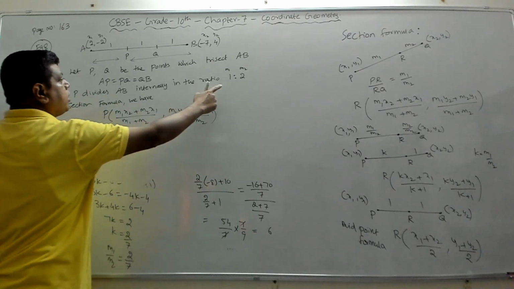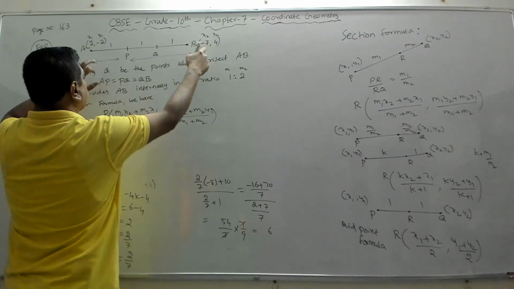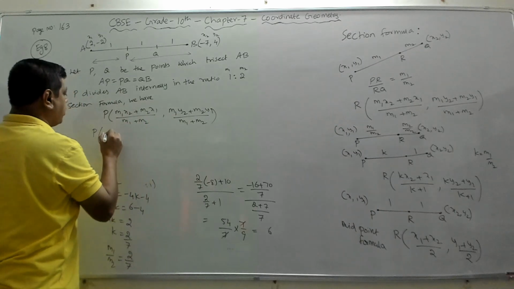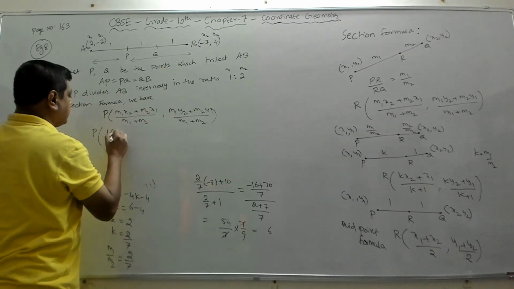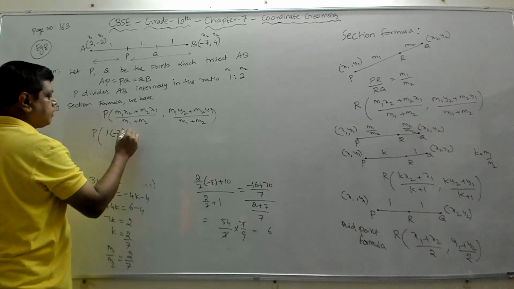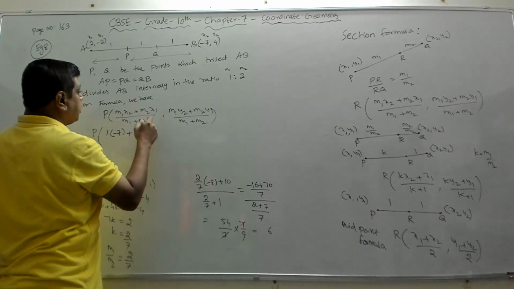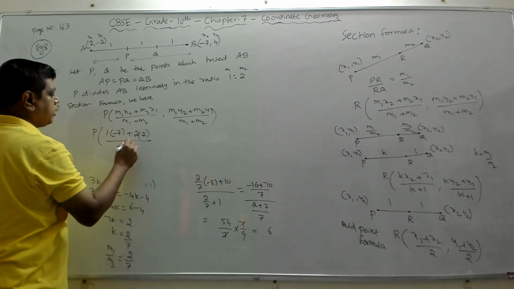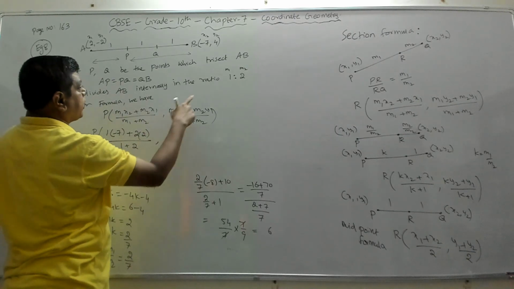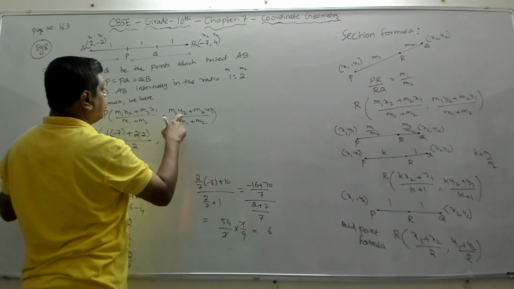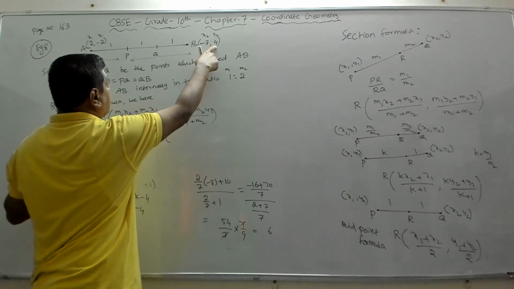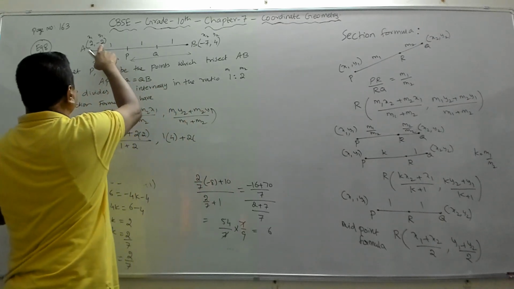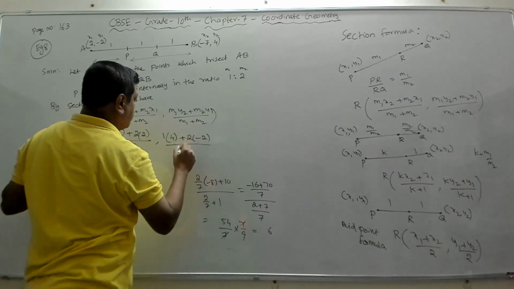Now let's substitute m1, m2, x1, y1, x2, y2 in this formula, and we will get the coordinates of P. So P will become: m1 is 1, 1 into x2, x2 is minus 7, plus m2 is 2 into x1 is 2, by m1 plus m2, 1 plus 2, comma, m1 again 1 into y2, y2 is 4, plus m2 is 2 into y1 is minus 2, by 1 plus 2.